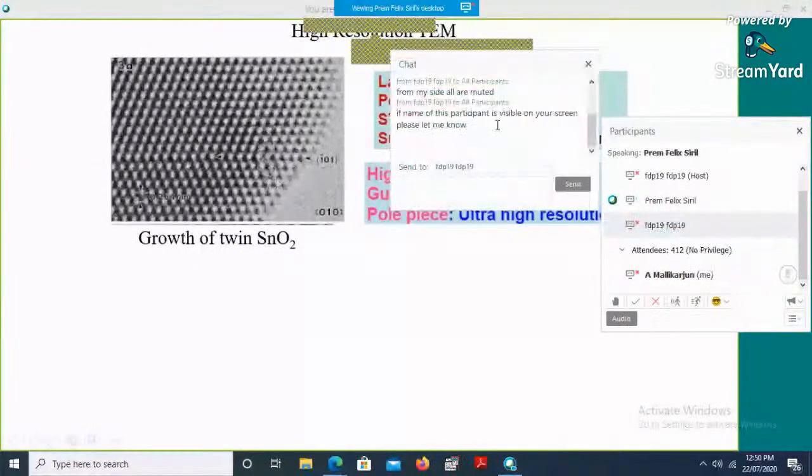I can't mute all the participants. People are complaining about background noise. Unfortunately, I can't do this. Only the host, Dr. Ashok Kumar or Dr. Pankaj, can do that. Unfortunately, I can't do anything.